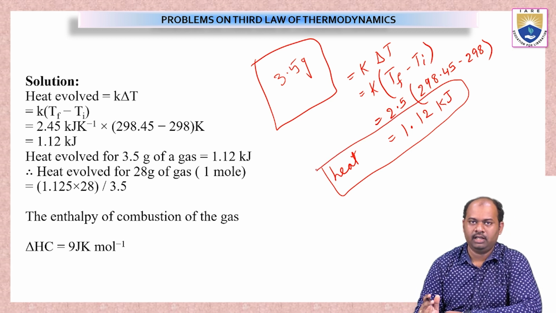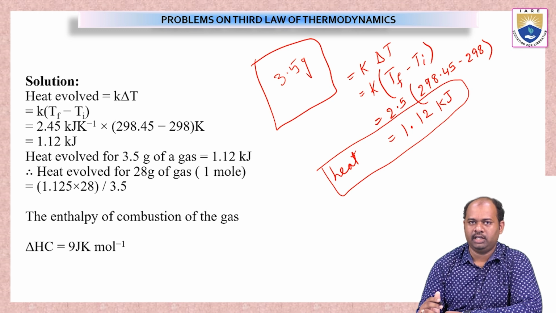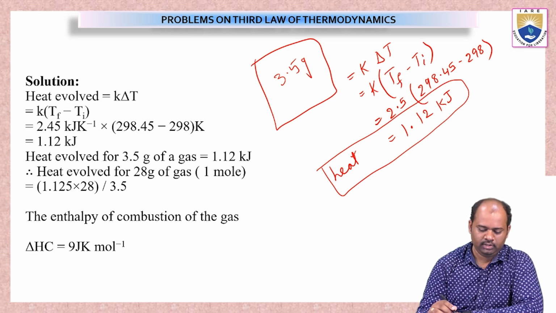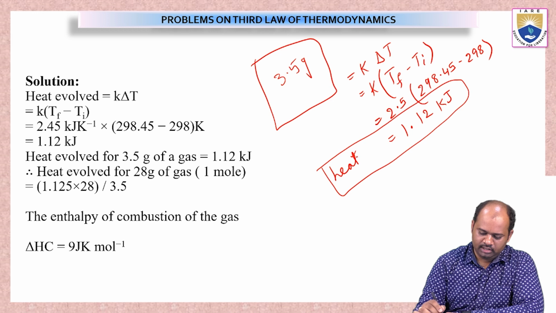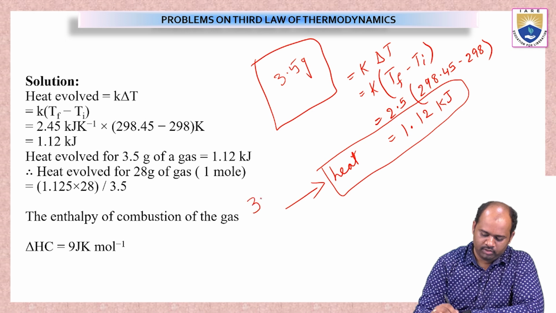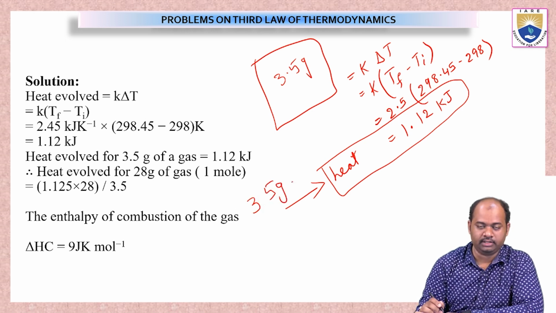Now we have not taken into consideration how much weight of the gas is taken in the calorimeter. Now we have to consider that also. The 1.12 kilojoules is the heat evolved for 3.5 grams of gas.